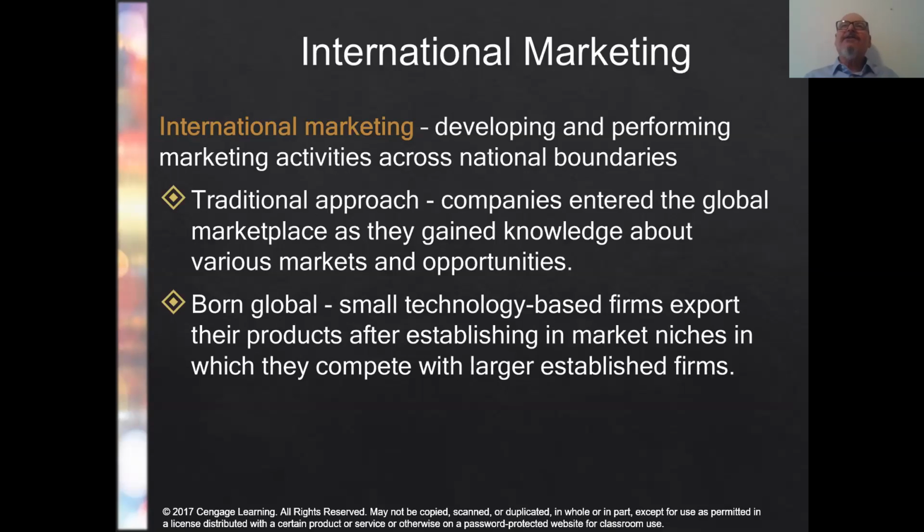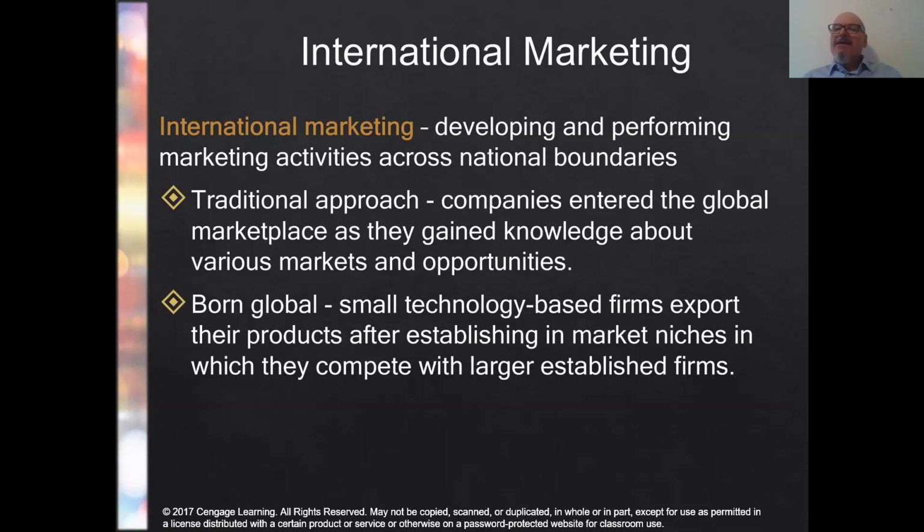Often, when they had penetrated most of the domestic markets, and with the advent of the internet making the world a little smaller and easier to communicate with, after they've exhausted the domestic market, they have tended to go international, go global, to reach more markets with goods and services.